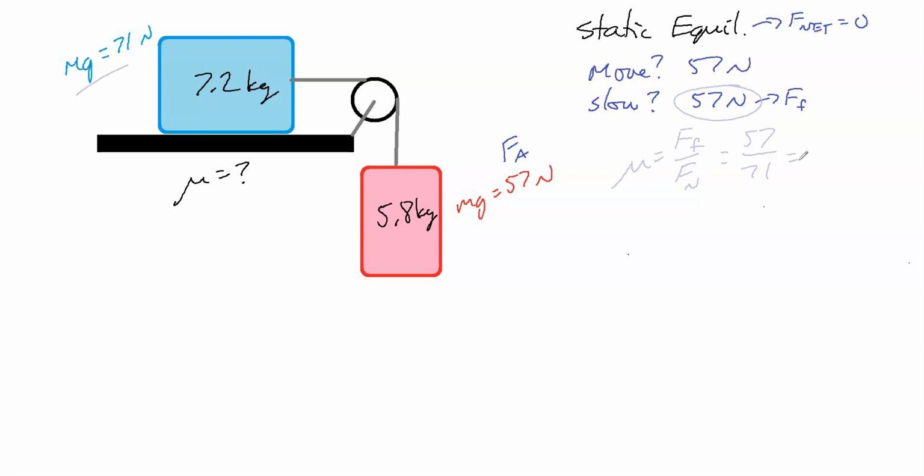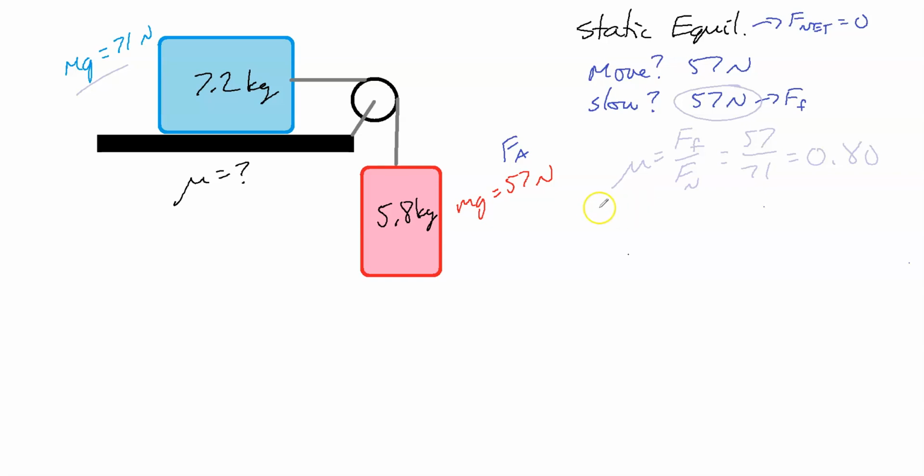And all I then have to do is divide the 57 by the 71, and I get a coefficient of friction of about 0.80. So that coefficient of friction will be required in order to cause the thing to perfectly just not move. If the coefficient of friction is any lower than that, this thing is going to start accelerating. If it is higher than that, it still just isn't going to go anywhere.